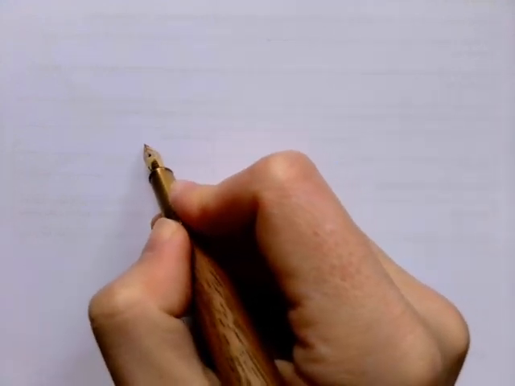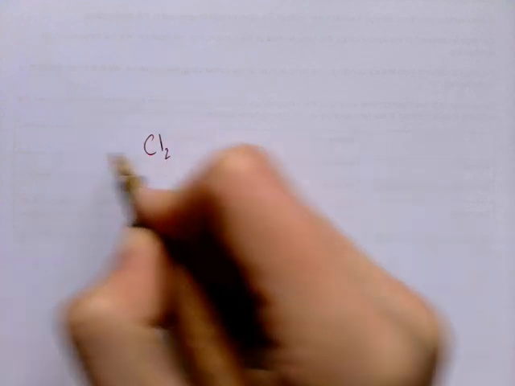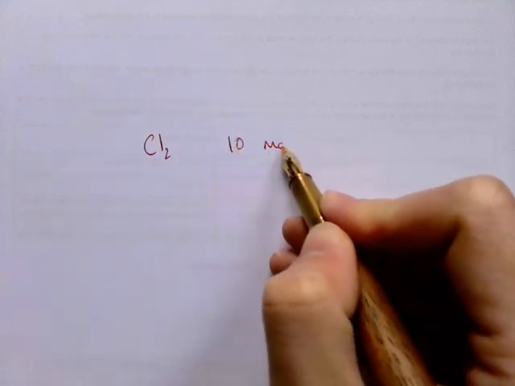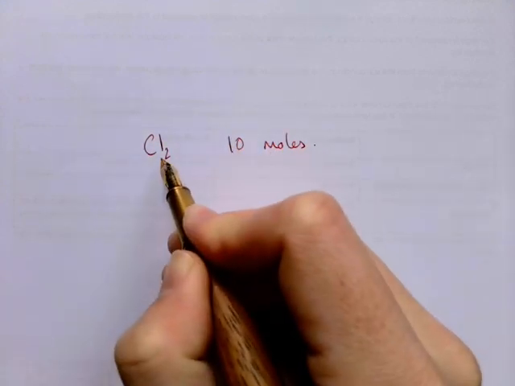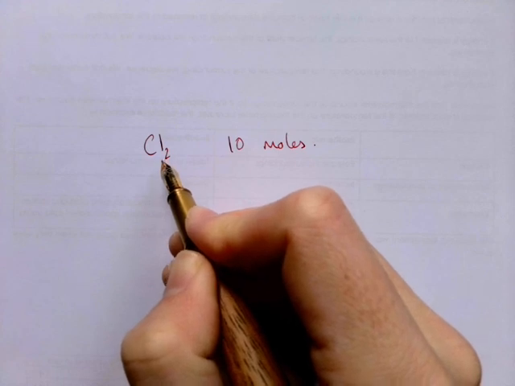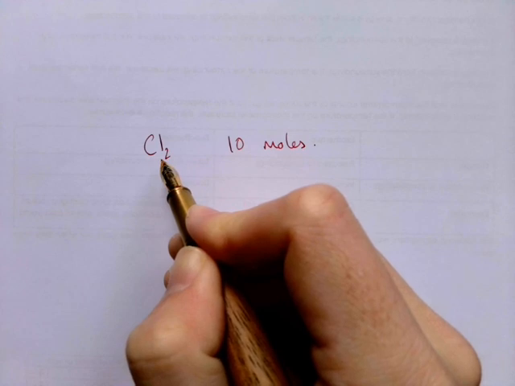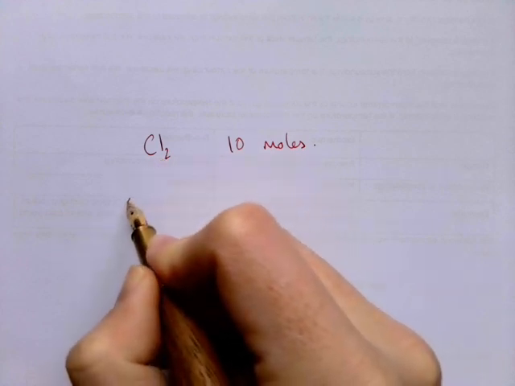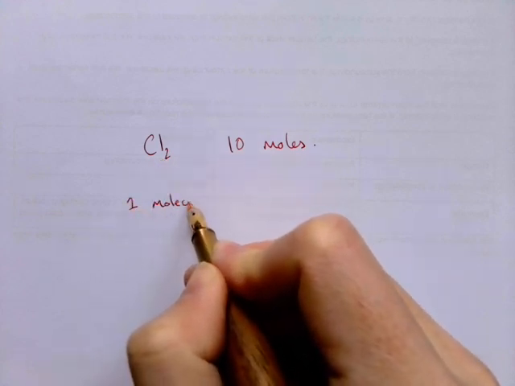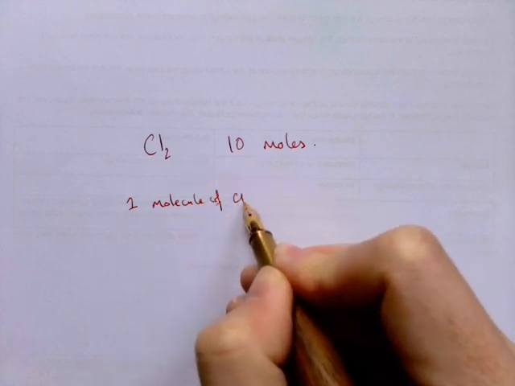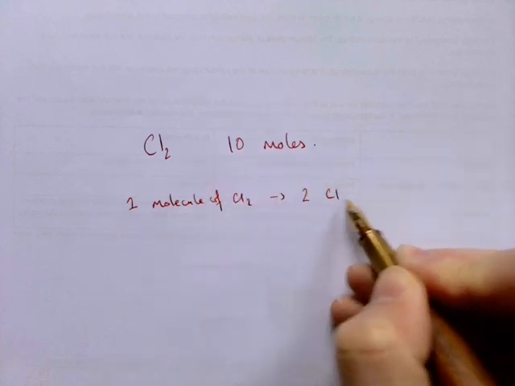And finally, the quiz from last week, I asked you, there were 2 questions that people found tricky. One was, if I have 10 moles of chlorine gas, how many moles of chlorine atoms do I have? Okay, well, if I have 1 molecule of Cl2, that's 2 Cl atoms.